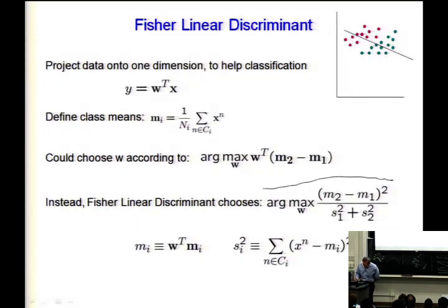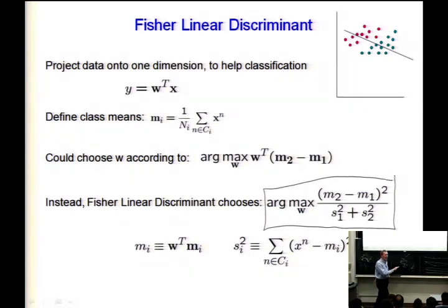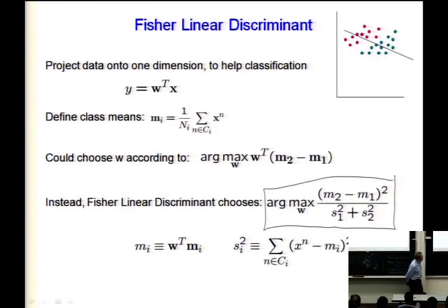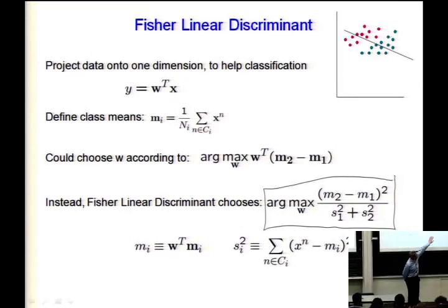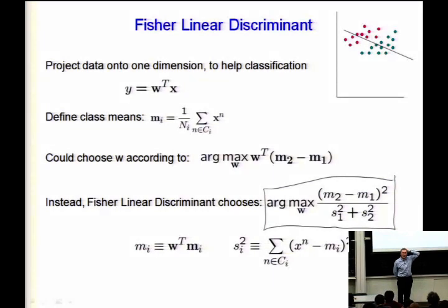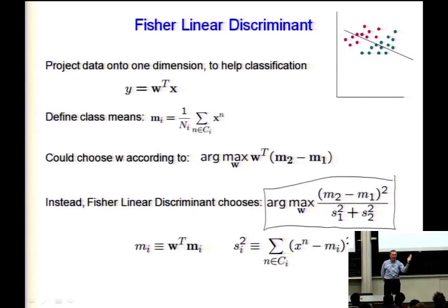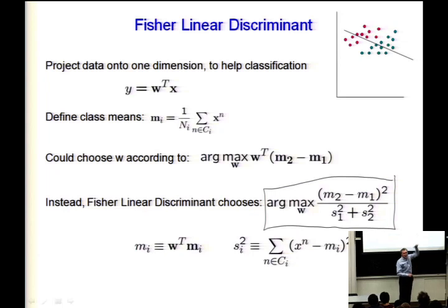So the objective function, and like I said, I just want to spend a few minutes giving you the intuition. We're not going to go through the details of deriving this, but the objective function that the Fisher linear discriminant optimizes when it chooses a single dimension to project those data points onto is to pick the projection, the weight vector W, that maximizes the distance between M1 and M2.